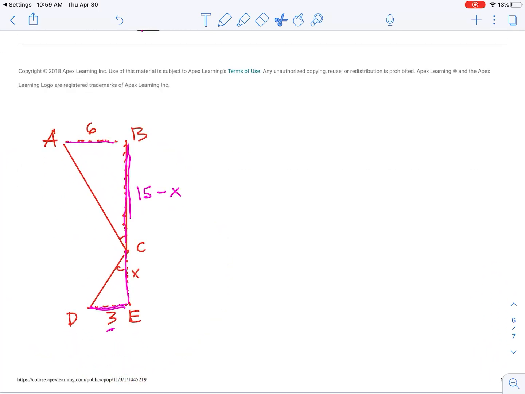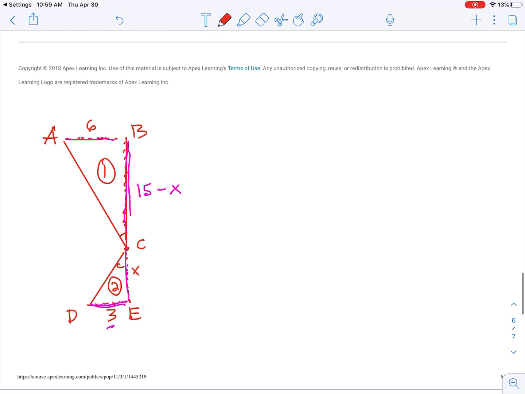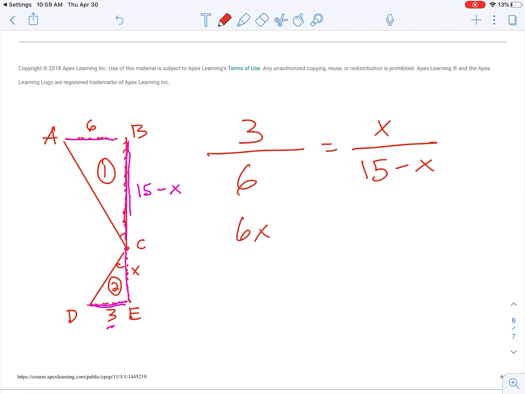If I was just looking at this without all those weird prompts, I know that I'm dealing with two similar triangles. So I have triangle 1 and triangle 2. So I would be like, okay, well, I know 3 matches up with 6. And that must equal x, which matches up with 15 minus x.